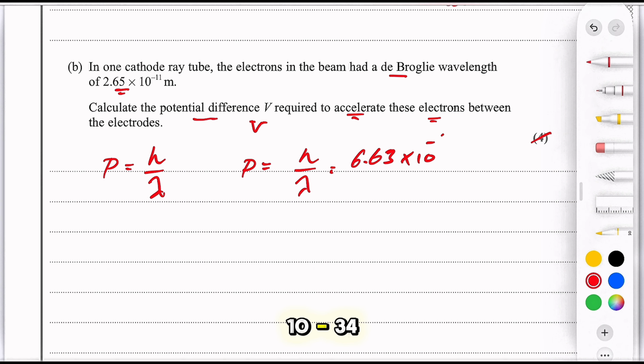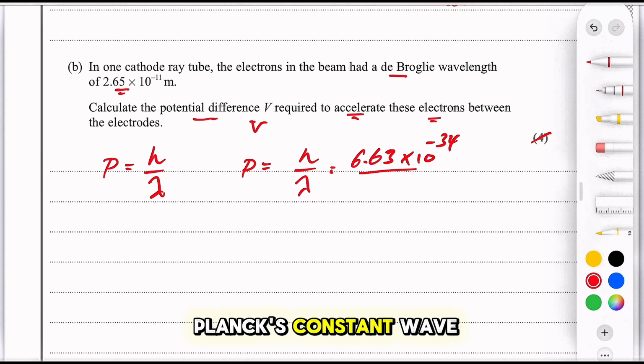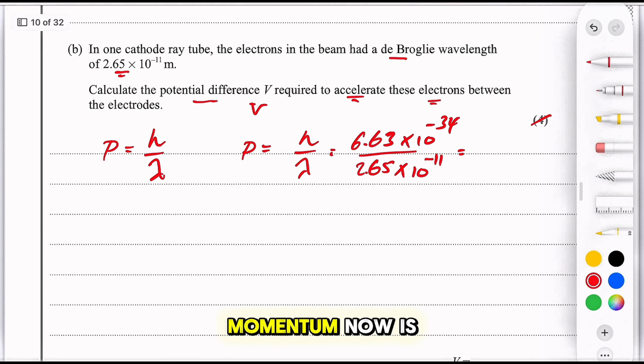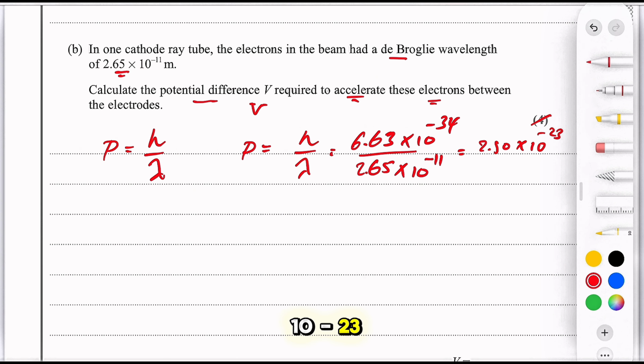So momentum is h over lambda: 6.63 times 10 to the minus 34, Planck's constant, over the wavelength 2.65 times 10 to the minus 11. Momentum now is 2.50 times 10 to the minus 23 kilogram meter second minus 1.